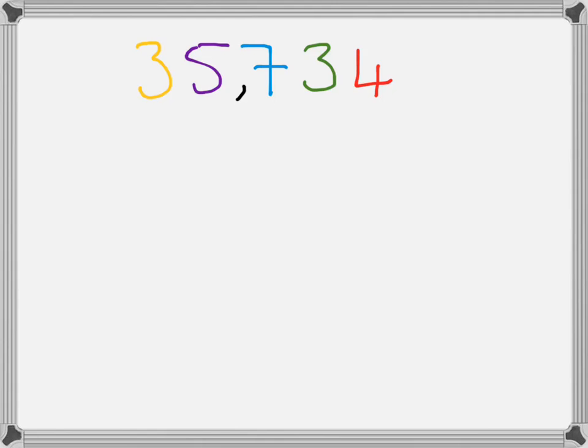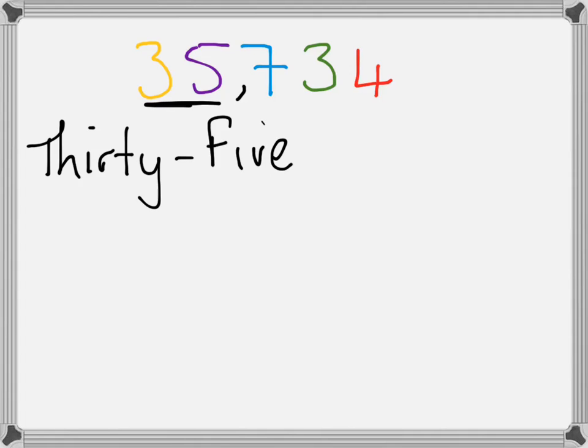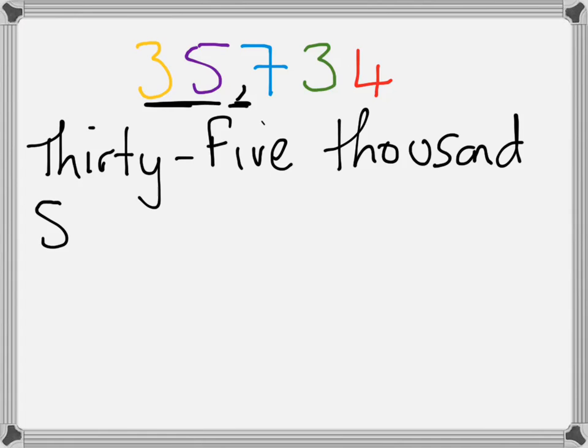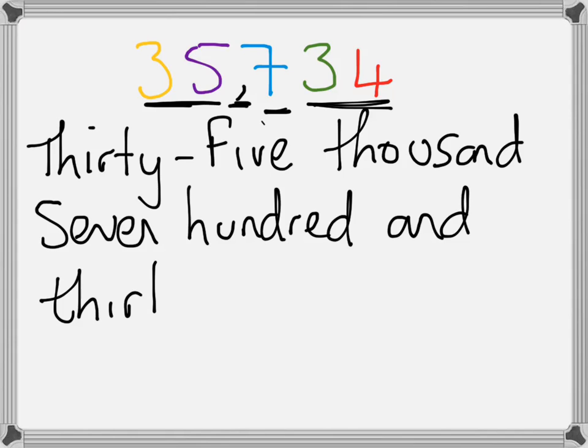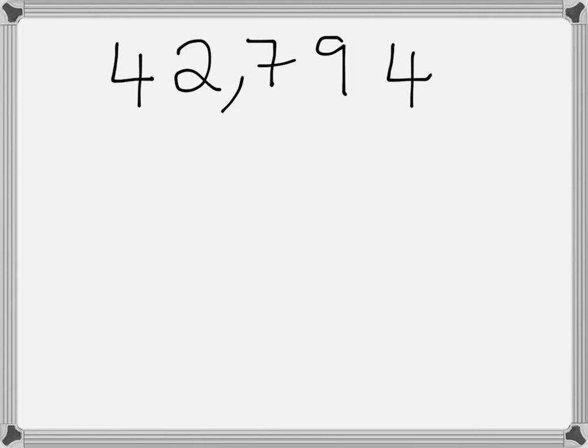So on this one we've got 35, and it's that little comma that says 1,000, 700, and 34. So not too difficult if we just break it up.